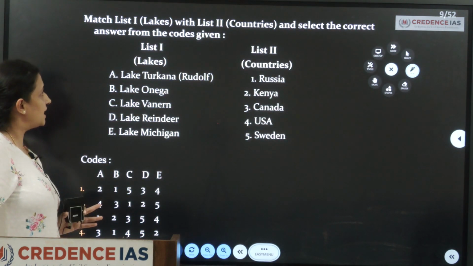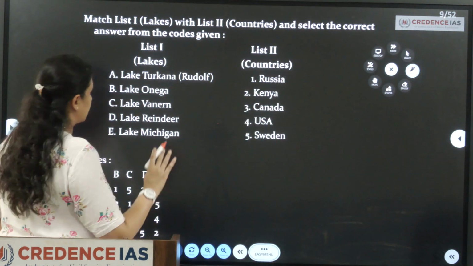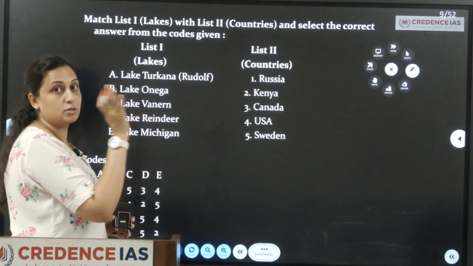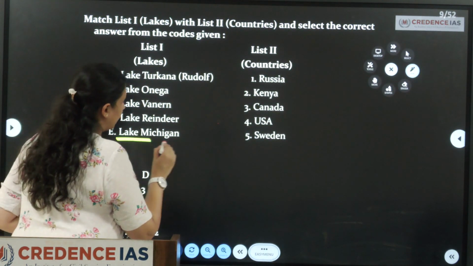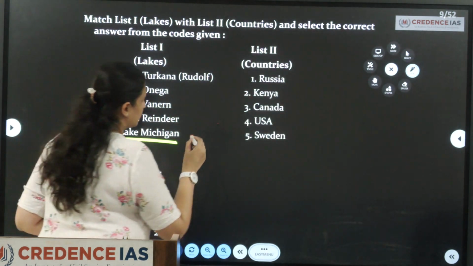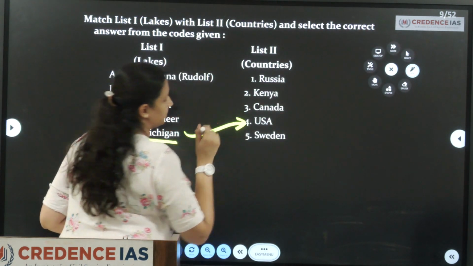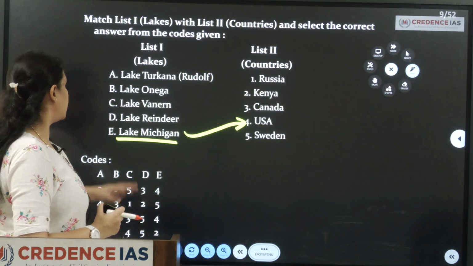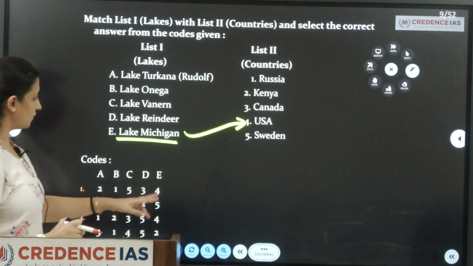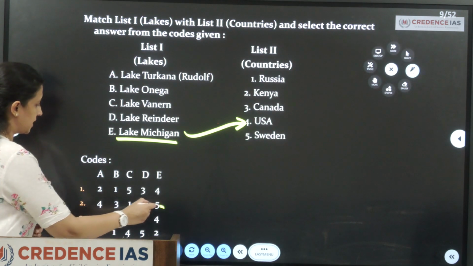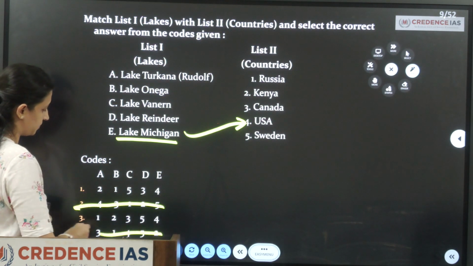So here lakes and countries. Even though you need not know all the lakes, anyway you will know Lake Michigan, it comes in USA. So here E for 4, only 2 options remain, so just eliminate the other 2 options.